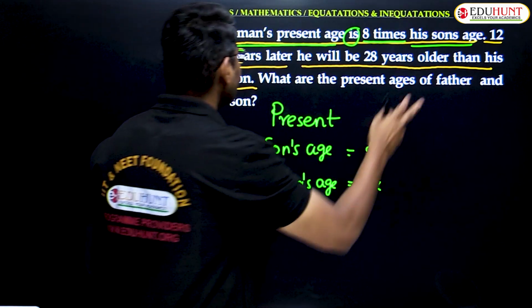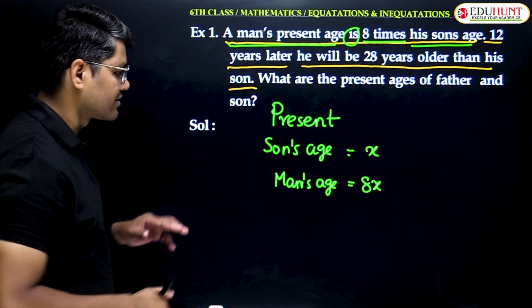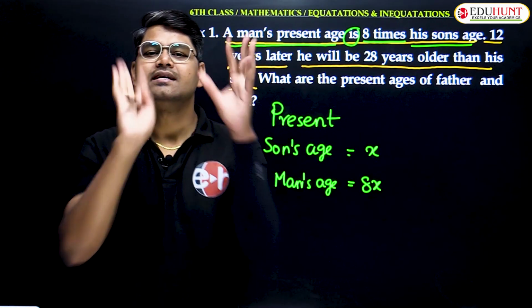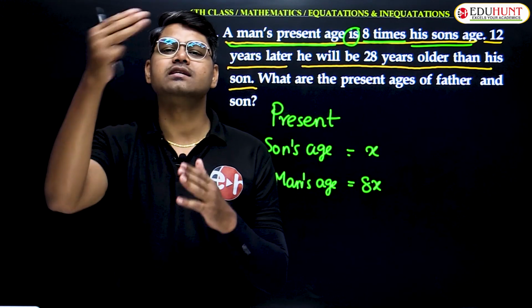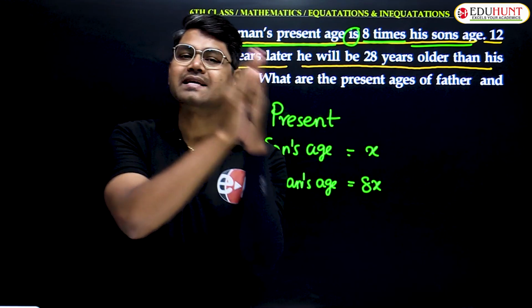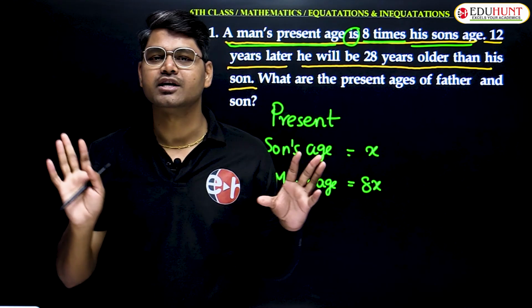Okay. Next, 12 years later. 12 years later means, for example, if your age is 10 years now, after 12 years, it will be 22. How? 12 years plus this 10 years, that is 22.